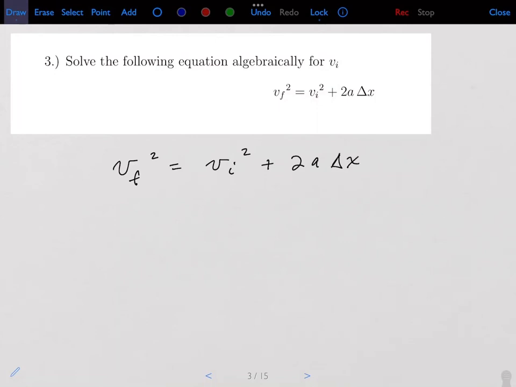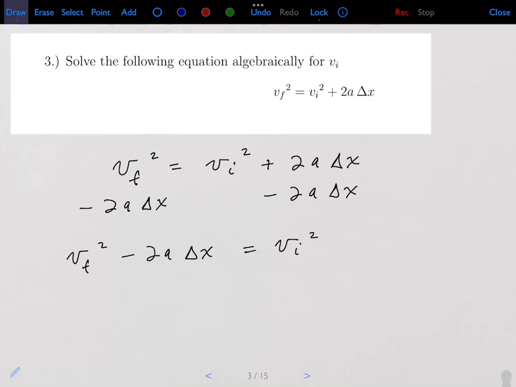Okay, so to isolate the v initial squared term, I first need to remove that expression 2a delta x. Well, it's being added on the right-hand side, so why don't I just subtract it to get rid of it. But whatever I do to one side, I have to do to the other side. So now the left-hand side becomes v final squared minus 2a delta x equals v initial squared.